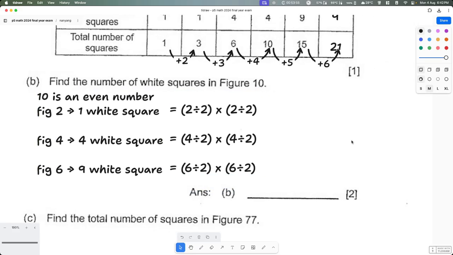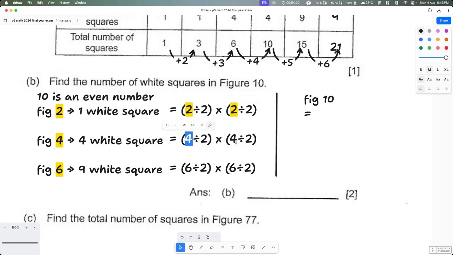So that means for figure 10, this one I'll just highlight it so it's easier to see. 2 and then 2, and then you have this 2 highlight, 2 highlight, then you see.